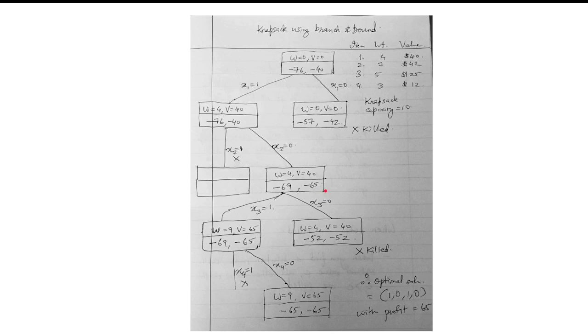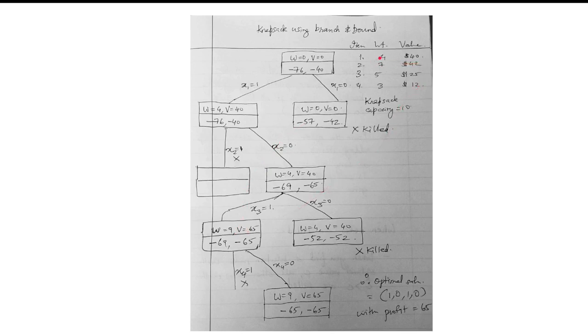And then once you have done this, the minimum cost belongs to this node because it's minus 69, that is minus 57. So you expand this node. So now consider x3 equals to 1. When x3 equals to 1, the weight will increase to 9 and the value will increase to 65, right? And now let's find out the lower and upper bounds.